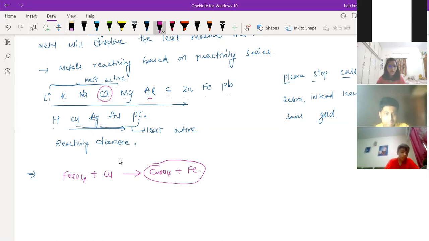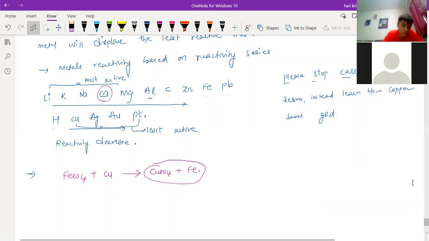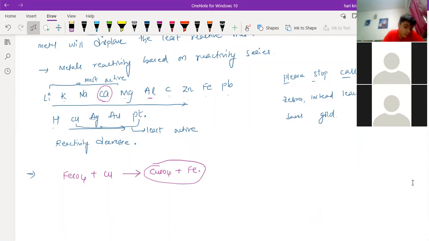Vedika, what is the main reason behind this? Sir, I didn't understand. You didn't understand. Pranav, why is this reaction not possible?